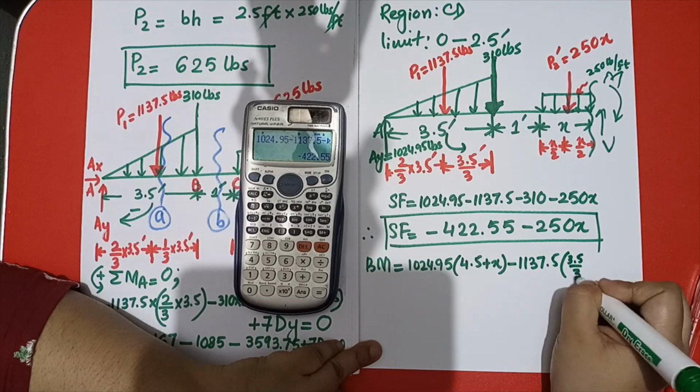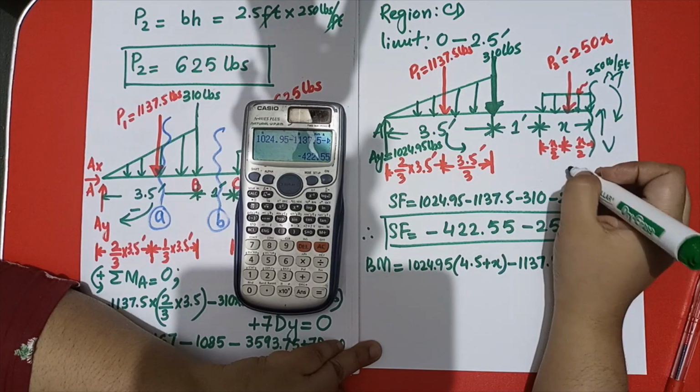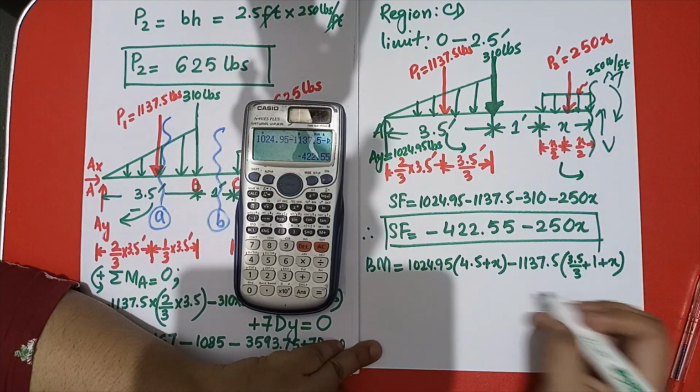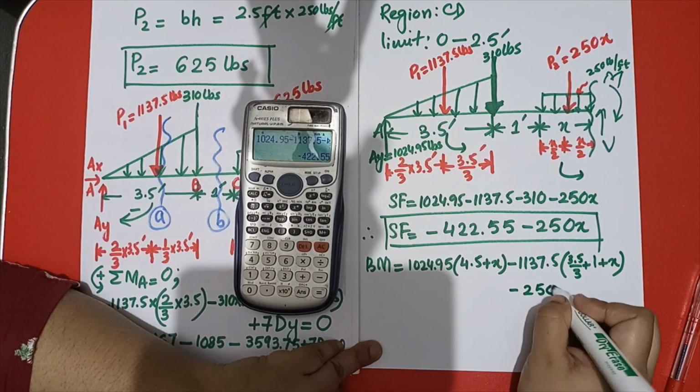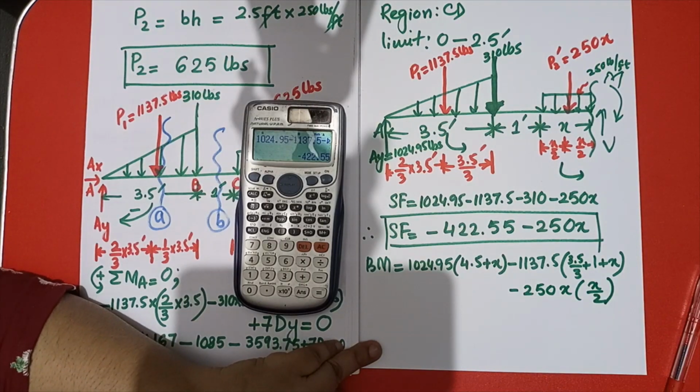And this force will rotate here, and 250x multiplied with x by 2. So minus 250x multiplied by x by 2. So this is the way to make the equation for the region CD. It can be different types of loading conditions as well.